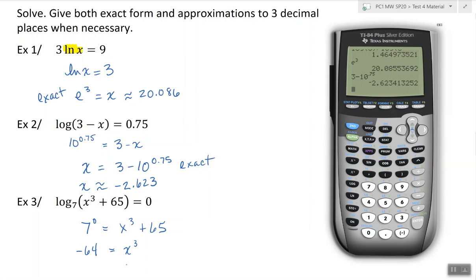And if we take the cube root of 64, you can see here in math, taking the cube root of 64, you'll get 4. So that would be a negative 4 as a cube root of a negative. So x is negative 4. Now the deal here is that's the only answer we're going to have. We don't have an approximation like we did on the previous 2 problems. It's just the exact answer. Don't let that bother you.